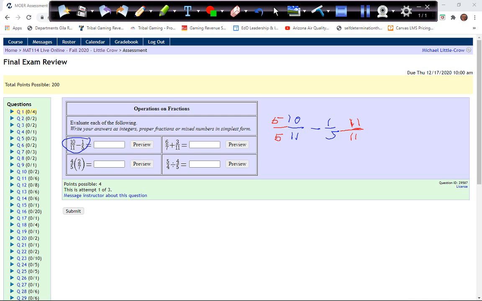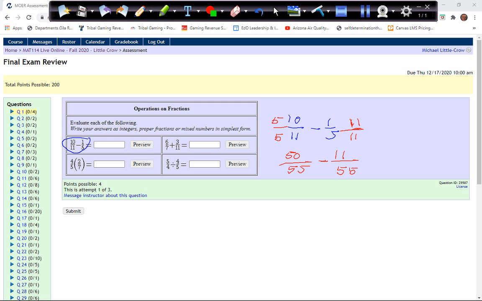What is 11 over 11? It is 1. It is a type of 1, and so it's not going to change things. So we get 5 times 10 is 50 over 55, 5 times 11. And then we get 11 times 1, which is 11. 5 times 11 is 55.